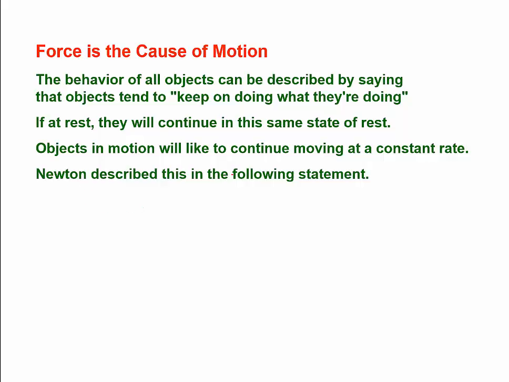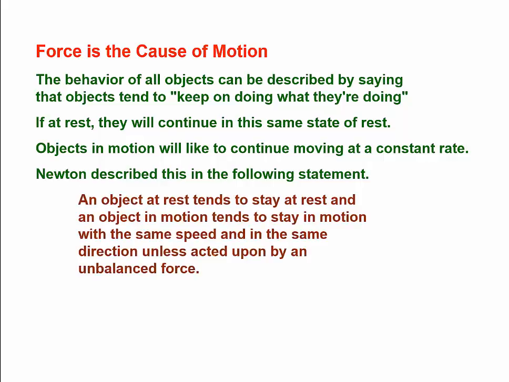So Newton described this in the following statement. Now, what is the statement of Newton? He said an object at rest tends to stay at rest, and an object in motion tends to stay in motion with the same speed and in the same direction unless acted upon by an unbalanced force.